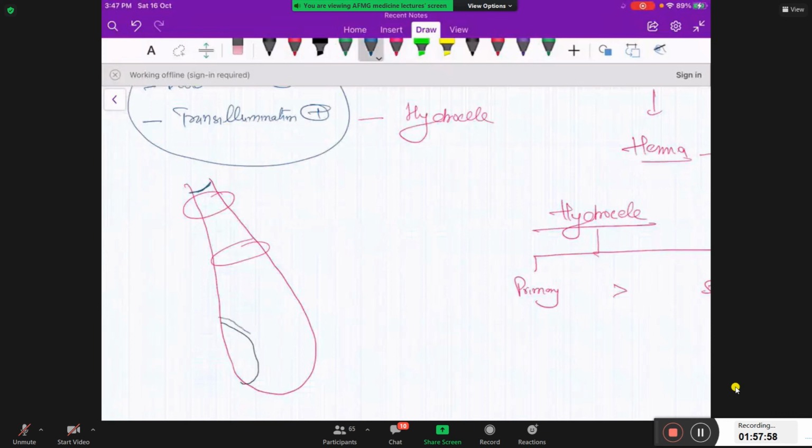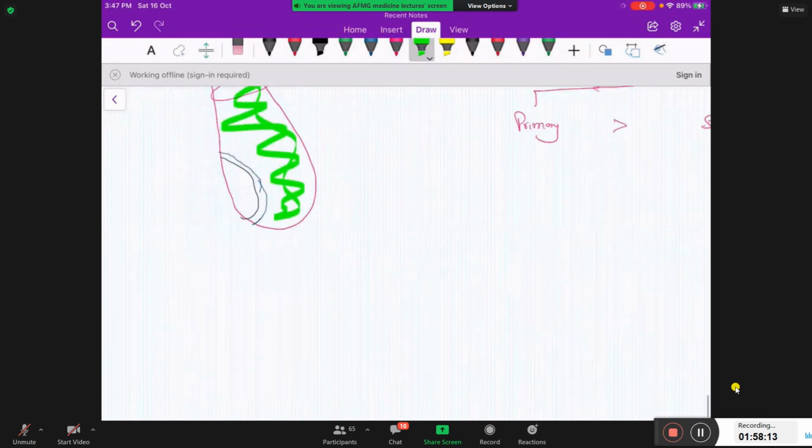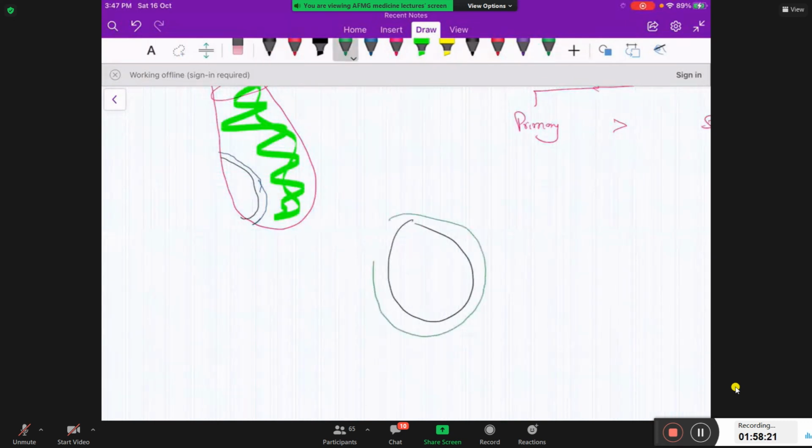This gets covering here of the testis, and this whole part goes away. Right? This is normal. So that means we have this testis like this, having a tunica vaginalis like this. In a normal situation, it will be like this. Agreed, all of you?